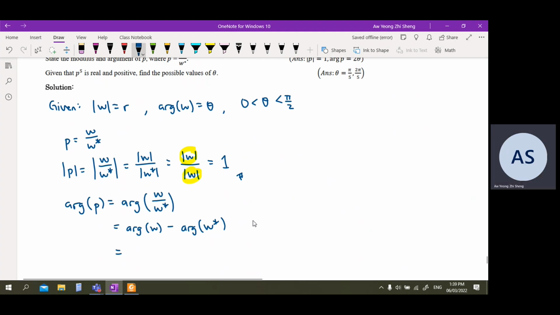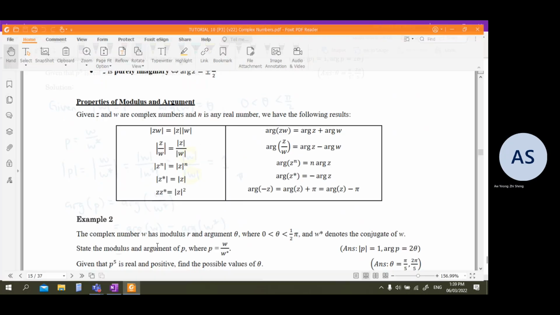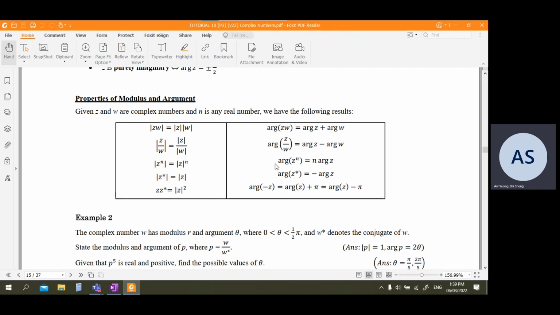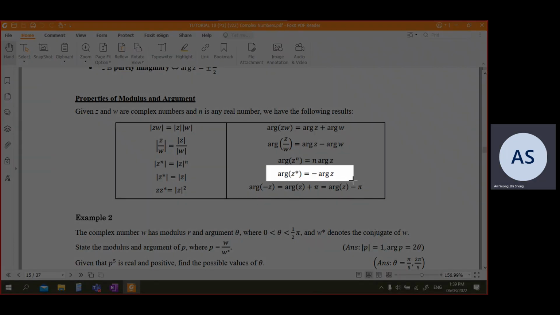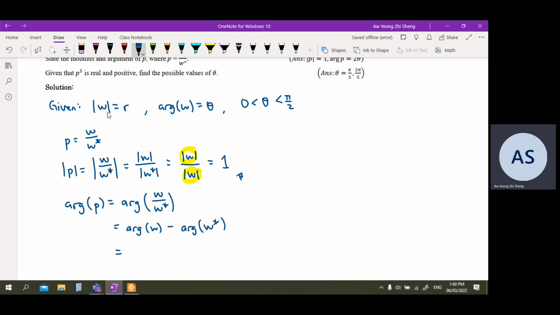Then recall that earlier we learned how to deal with a star inside the argument operator. If you want to remove the star, you just need to put a negative in front. So the argument of w star can now be replaced by negative argument w.